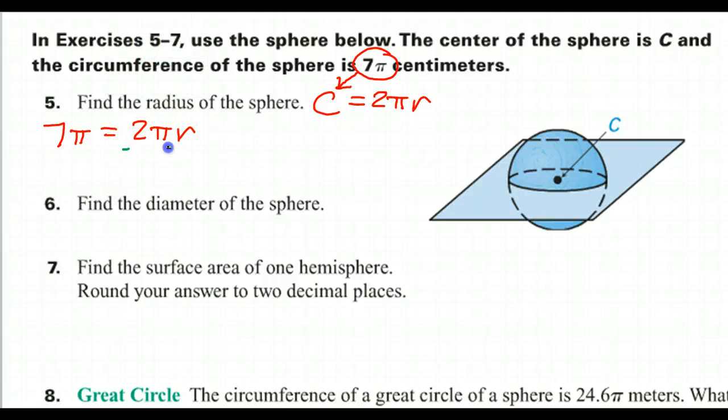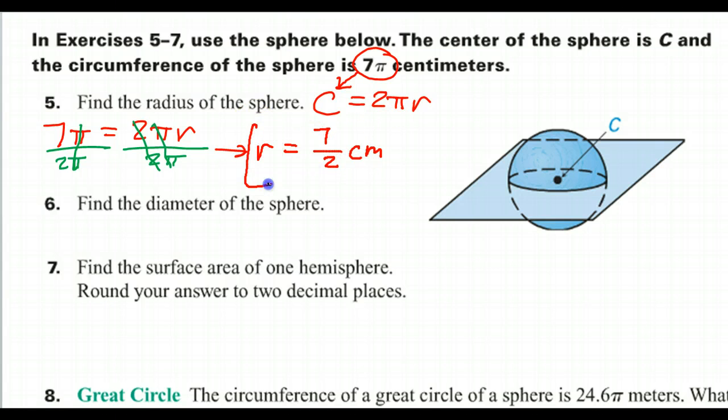To get r by itself, we will divide both sides by 2 pi. So this cancels out, and look, the pi's also cancel out. So that's going to leave us with r equals 7 over 2. Okay, and this is a length, so it'll just be centimeters. Of course, we could put 3.5, but 7 over 2 is just as good. So that's the radius.